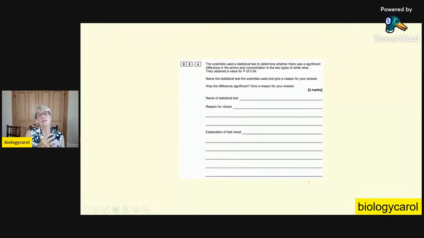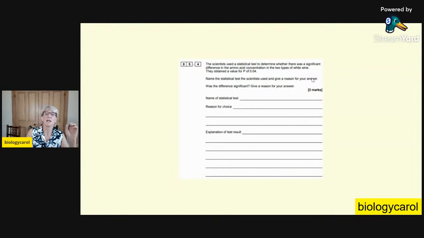Okay, scientists used a statistical test. They obtained a p-value of 0.04. What is the statistical test? Oh, sorry, I should have read that more carefully. It asks whether there was a significant difference in the amino acid concentration in the two types of wine. They've got a value for organic and they've got a value for inorganic. Can I suggest that those would be mean values?